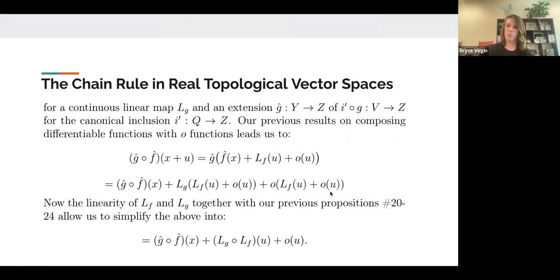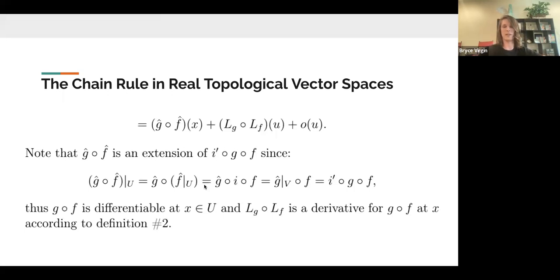So we know from our previous set of results that a little o function composed with a differentiable function mapping 0 to 0 has to be little o. So this term over here is also little o. The fact that little o functions form a real vector space means that we can simplify our results to this final relationship, which is clearly what we need to see that G hat composed with F hat is differentiable, and also that LG composed with LF is a derivative.